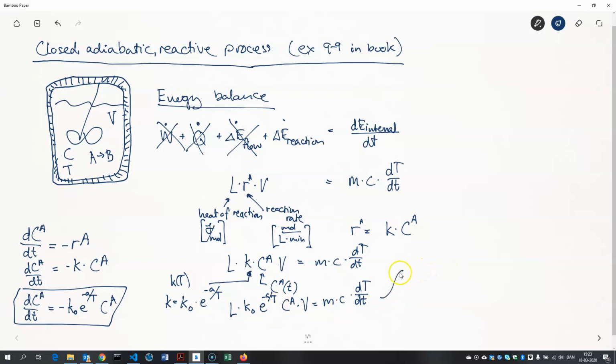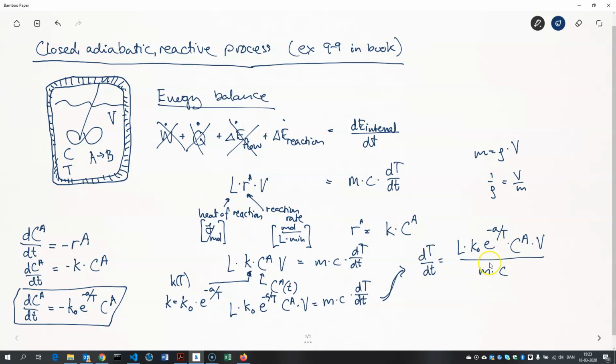I'll just rewrite this, so that I isolate the derivative: L times K naught e to the power minus a over T times Ca times V divided by M times C. And if you remember that M is actually equal to the density times V, then you can see that V over M must be 1 over the density.